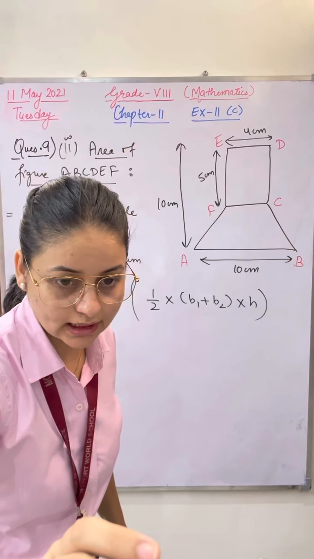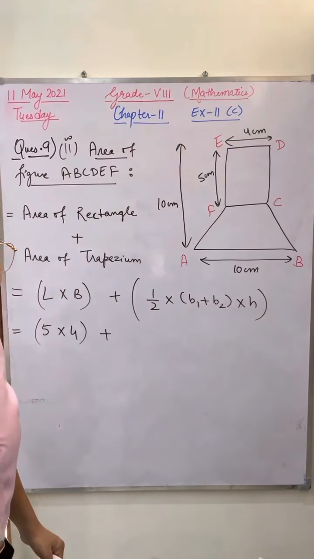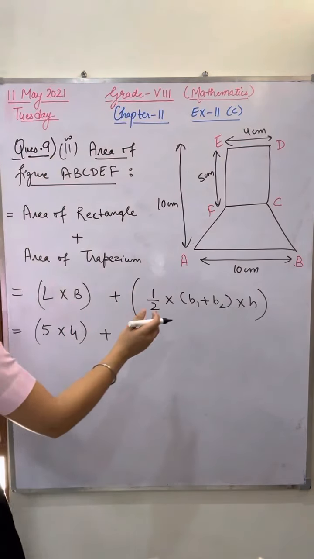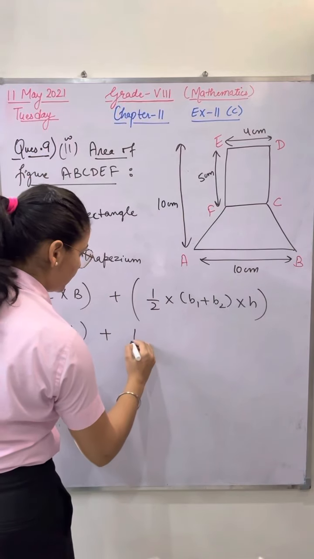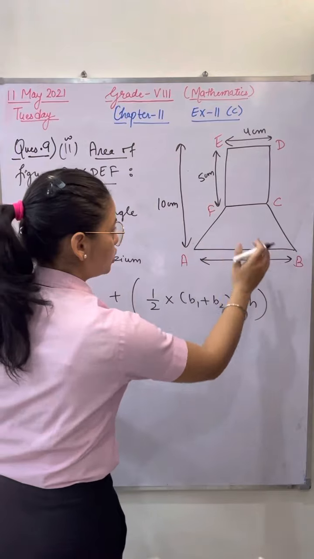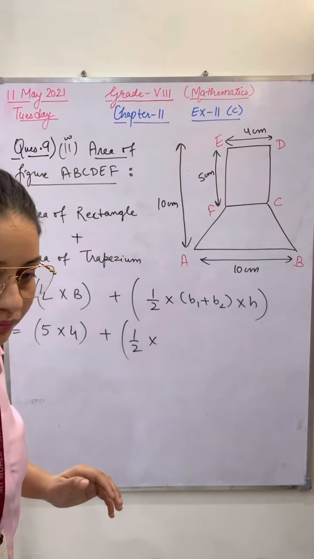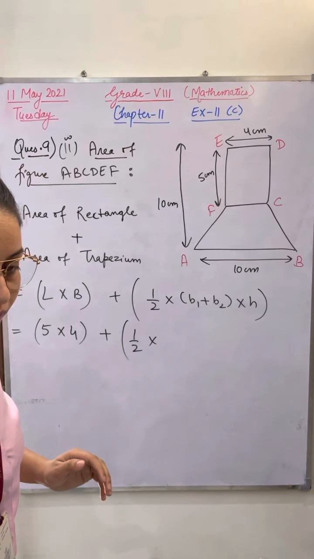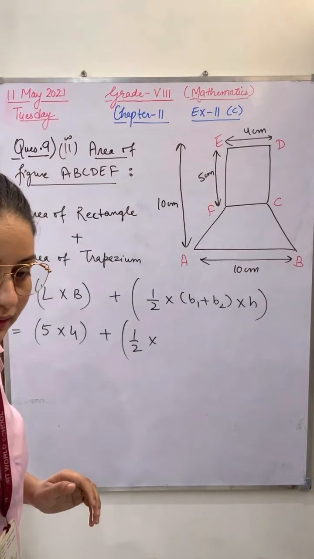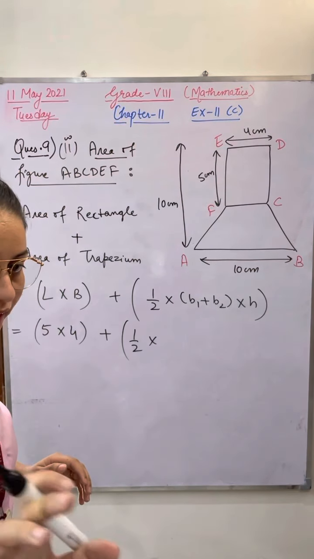Abhinav, please come on the mic quickly. Yes, ma'am. Yes, Abhinav, please tell me, this is the area of trapezium, right? For this trapezium, B1, B2, the two parallel sides, are given to us or not? It is given.